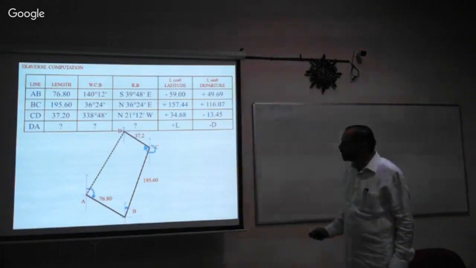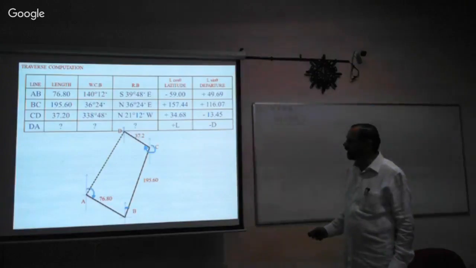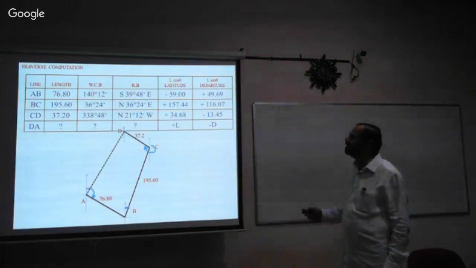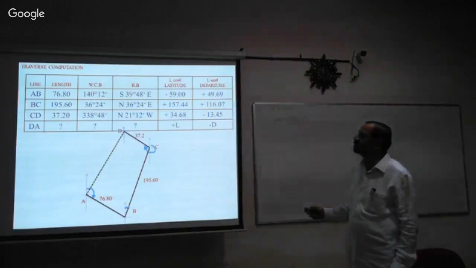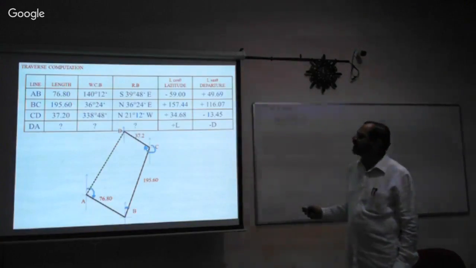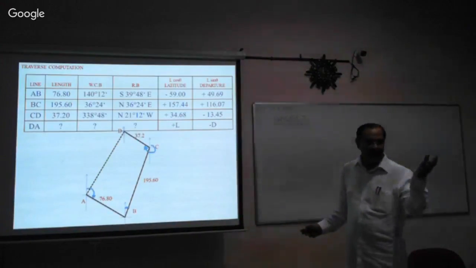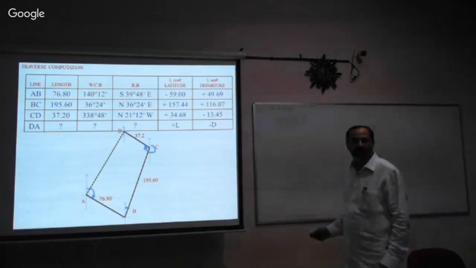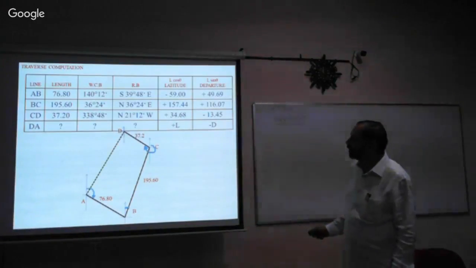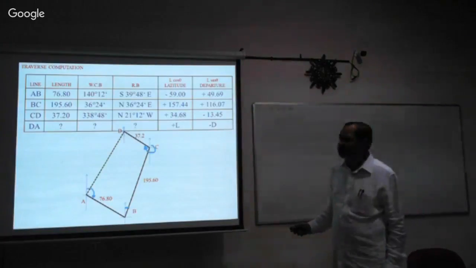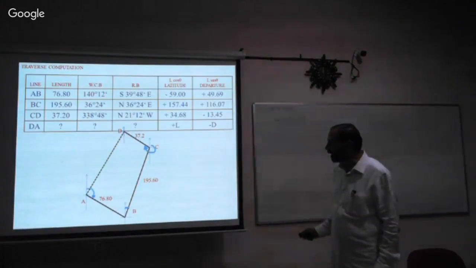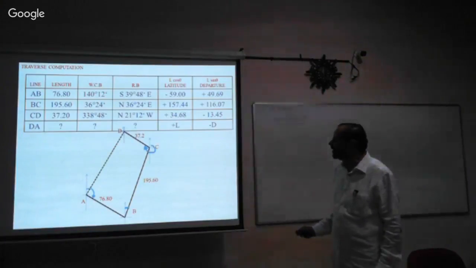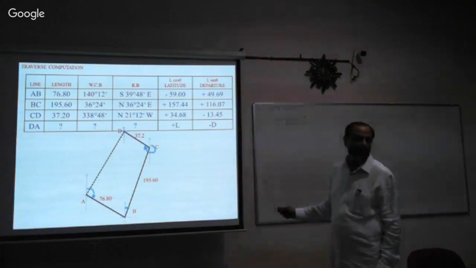The whole circle bearing of the line AB minus 90 is 39 degrees 48 minutes. From here to here it is 180 degrees. To convert the whole circle bearing into reduced bearing, it is 180 degrees minus the whole circle bearing.